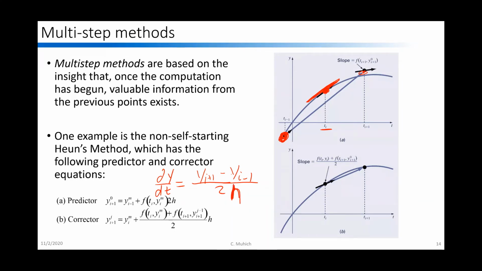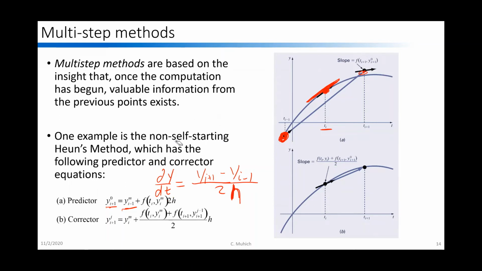Instead of using the forward derivative idea, I can use a central difference idea. By rearranging, I can get a new predictor: y i plus 1 is equal to y i minus 1 plus my derivative at the point that I'm at times 2h. This should be more accurate because we have a lower error in estimating the derivative.